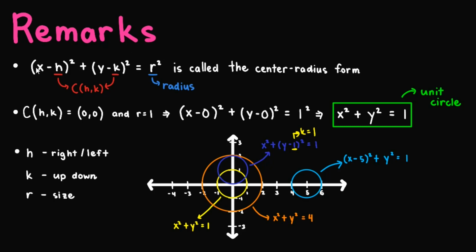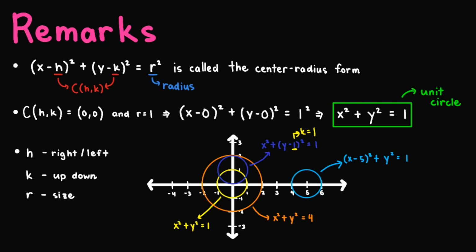And indeed, if we check out here, the center was moved from this to this, or this circle moved 1 unit upward to this. So that is the idea behind these values.